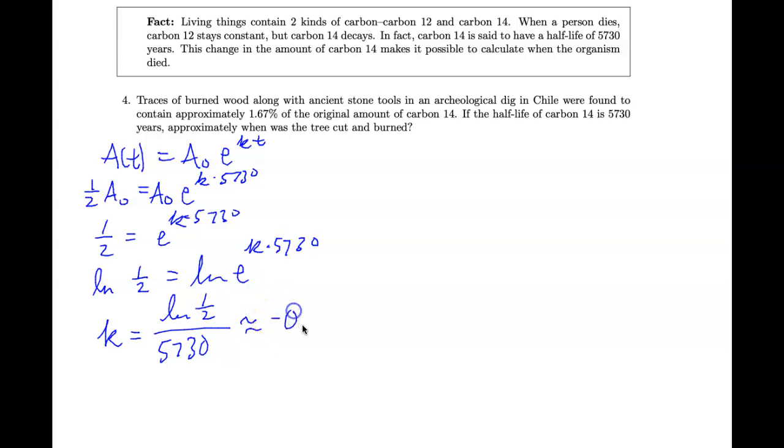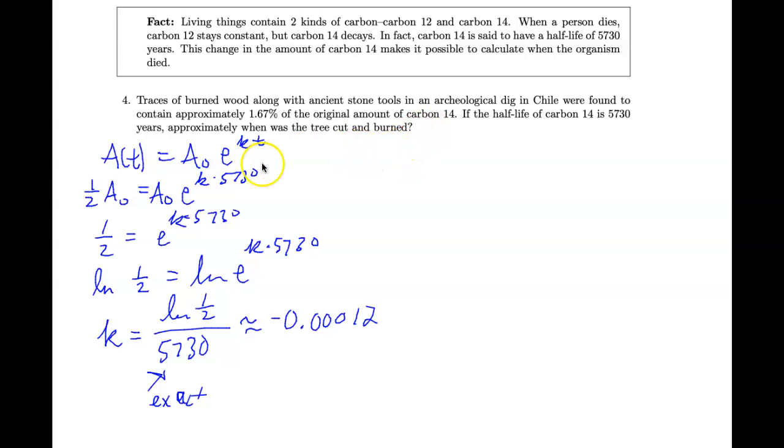So this means it's about negative 0.0012. And I didn't even write a lot of decimals. This is not as exact a form as we would like. So in this case, I think it's going to be to our advantage to use the exact form so that we can get a better number for our t.